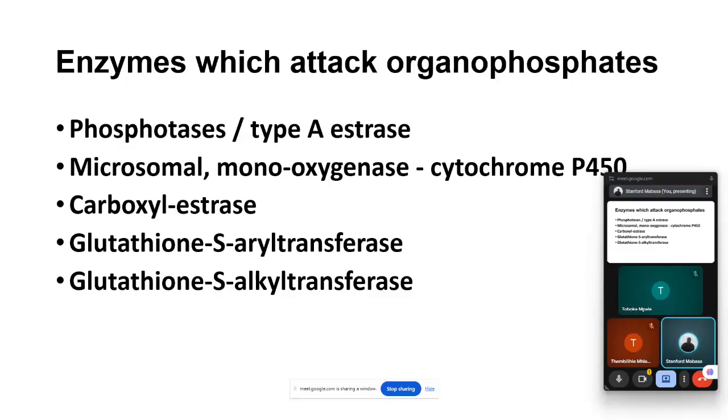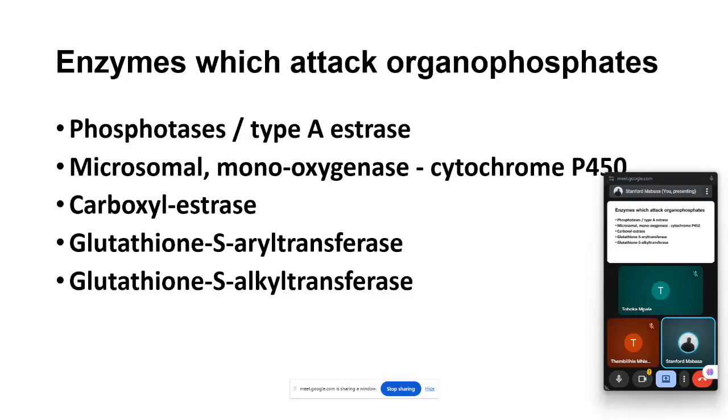Normally we refer to it as microsomal monooxygenase. When we are talking of microsomal monooxygenase, please note that we are referring to cytochrome P450. Then the other enzyme is carboxyl esterase. Then you have glutathione S-RR transferase.